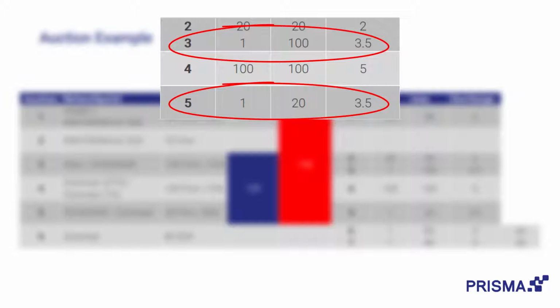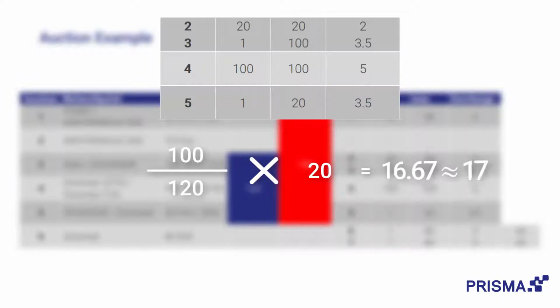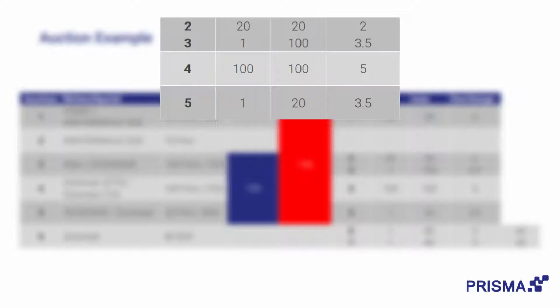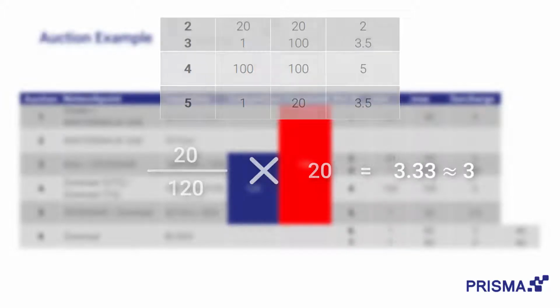Since the cumulated capacity of both bids would exceed the remaining capacity of 20, pro rata allocation is used again. For bid 3, the calculation is 100 divided by 120 times 20, which equals 16.67, which will be rounded to 17. For bid 5, it is 20 divided by 120 times 20, which equals 3.33, which will be rounded to 3.